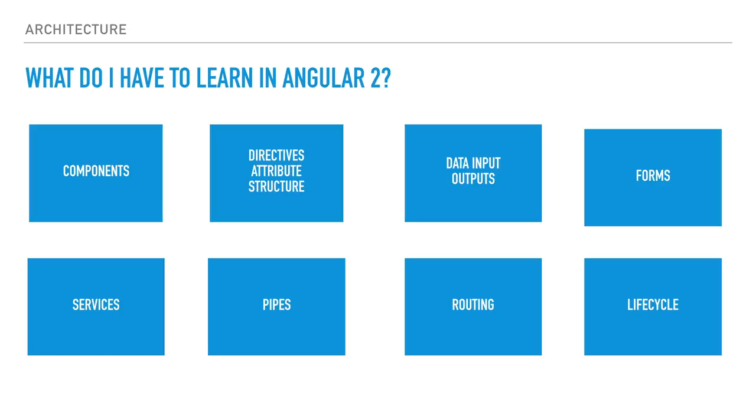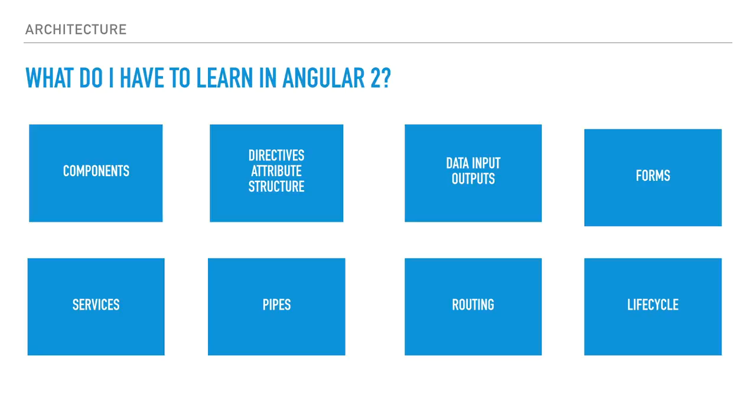You should master forms. This is super important in any application because it's the entry point between the user interface and the data that users fill in our forms and the data that we send to our server. So it's important to always validate the data that we receive from the user. The next part that we should master is services.